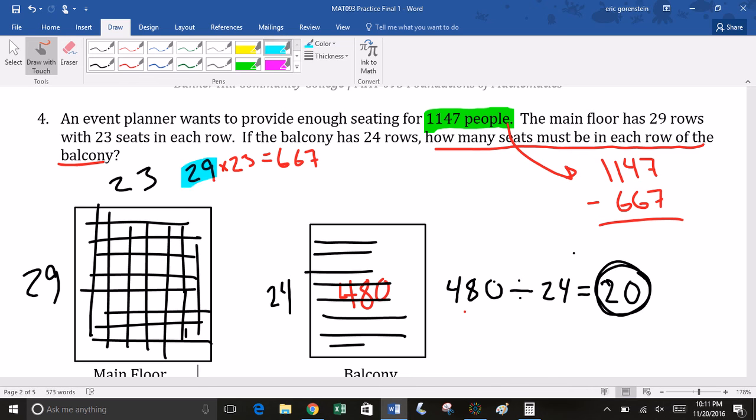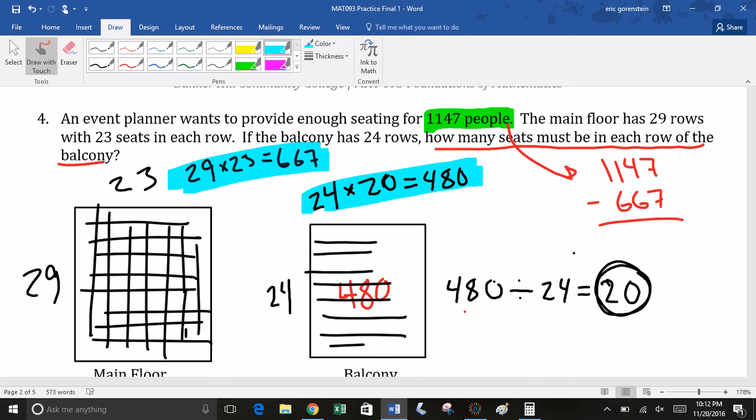If we have 667 on the main floor, if we have 24 rows, and in those 24 rows we have 20 people per row, 24 times 20 is 480. So does that work?